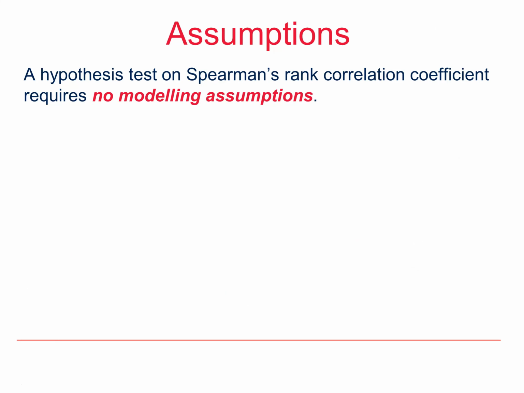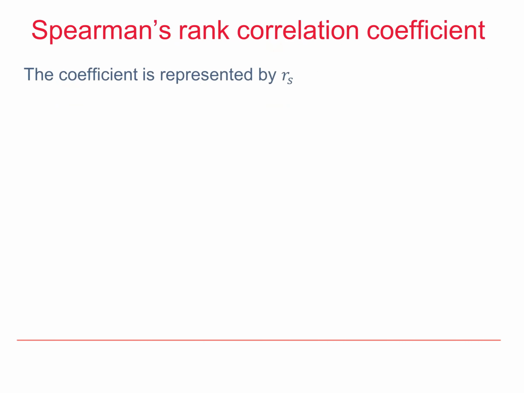A hypothesis test on Spearman's rank correlation coefficient requires no modelling assumptions. This is the real strength of the method. You can use it in so many situations where you can't use PMCC. This correlation coefficient is represented by r subscript s. Obviously, ranking the whole population would not be feasible, so we work with a sample.